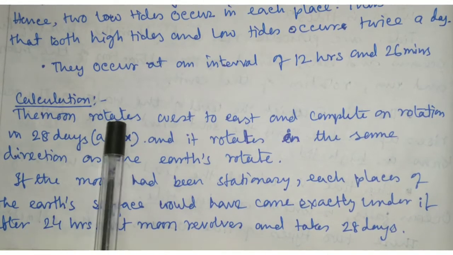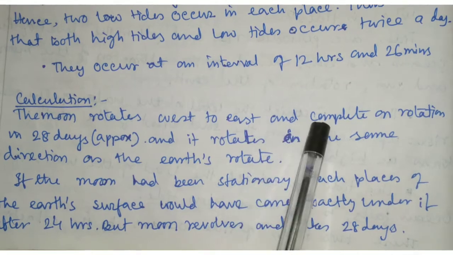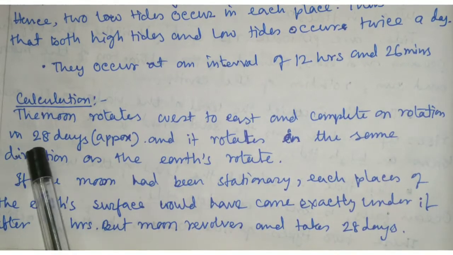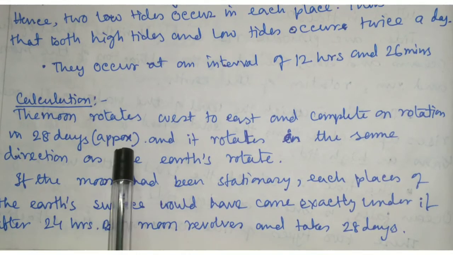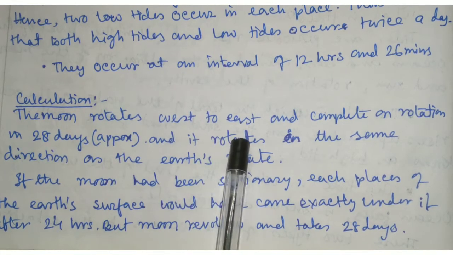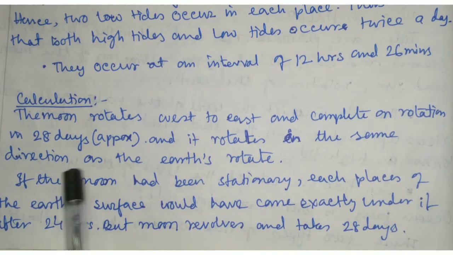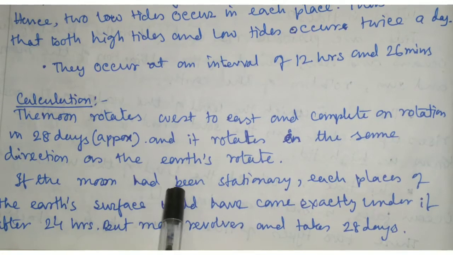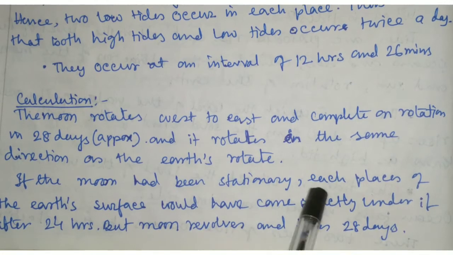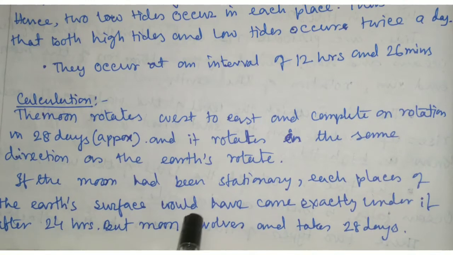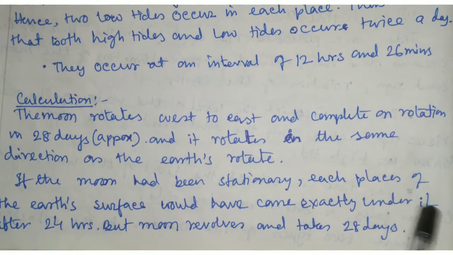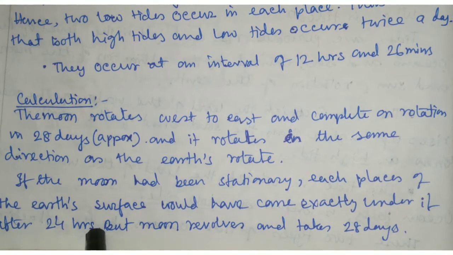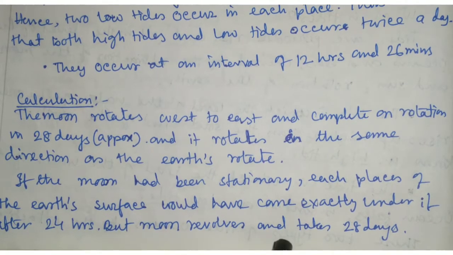The moon rotates west to east and completes one rotation in approximately 28 days, and it rotates in the same direction as the earth rotates. If the moon had been stationary, each place of the earth's surface would have come exactly under it after 24 hours, but the moon revolves and takes 28 days.